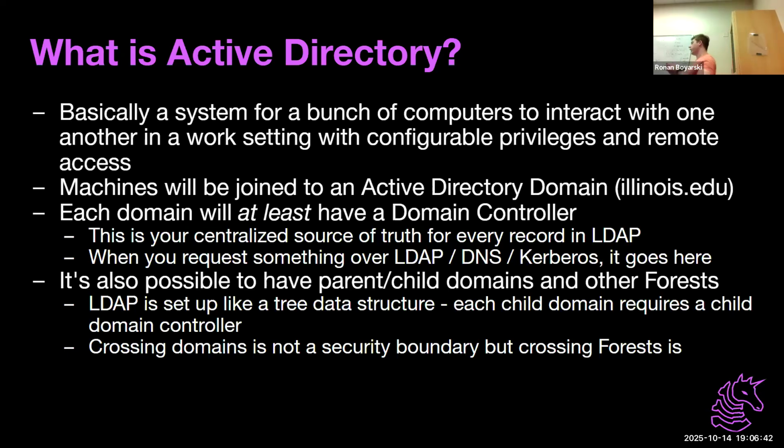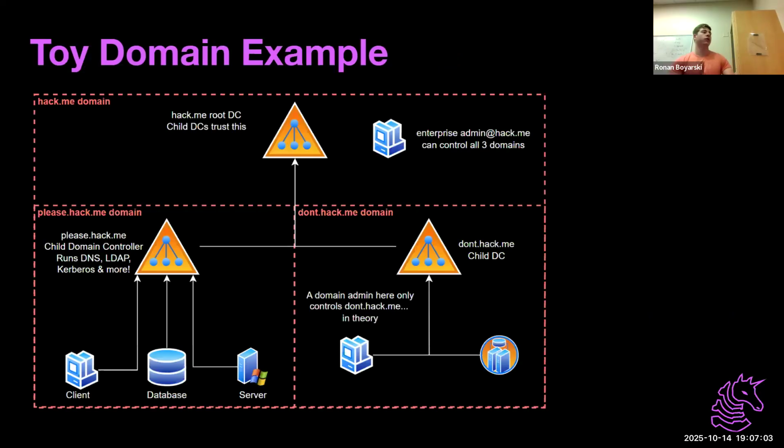And the domains are laid out in a tree structure, right? So if I were to have some subdomain of illinois.edu, that would be called a child domain. And what's interesting about this is child domains will have their own domain controller. So the children and the parent will trust one another, but the child is at a lower level. So if you go forward to something like this, for example, you can see we have our top level domain here, which is the root domain controller.